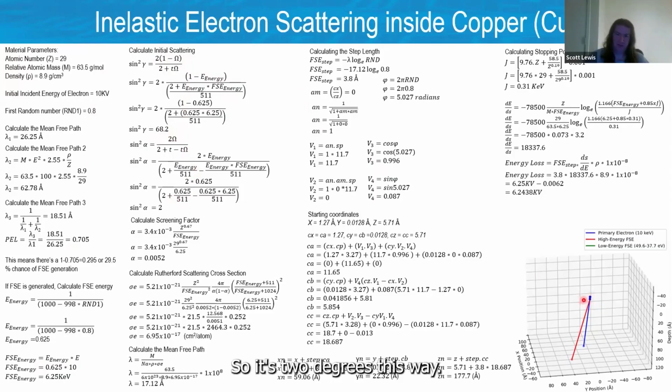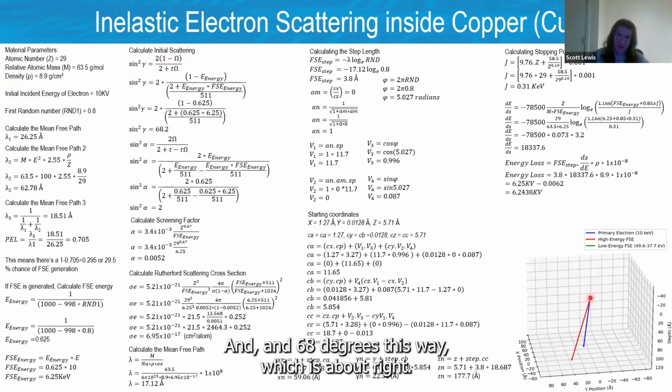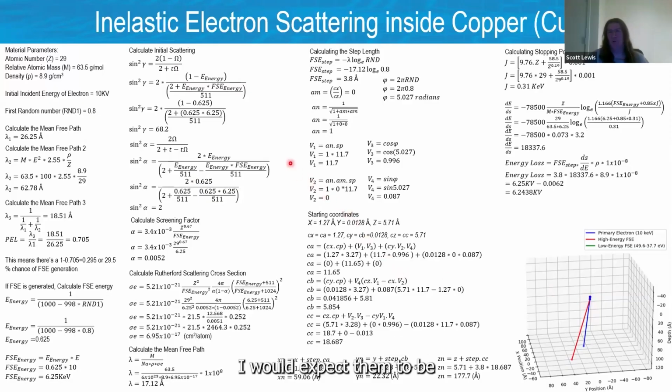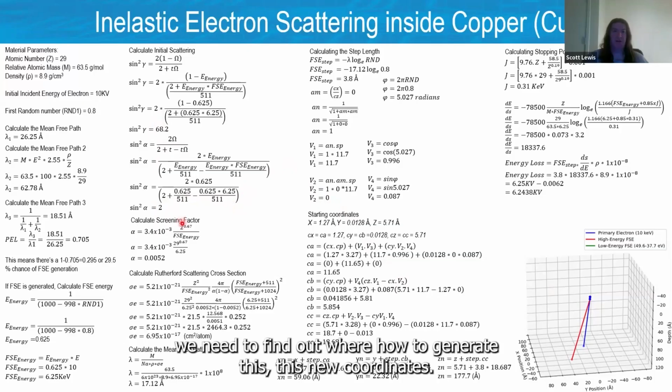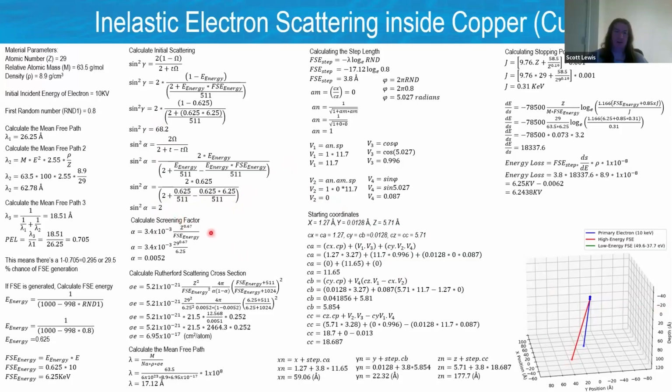So it's 2 degrees this way and 68 degrees this way, which is about right. I would expect them to be between 80 and 90, but in this case, it's 68. Not impossible. It does happen. So once we've found these out, we need to find out how to generate this new coordinate.